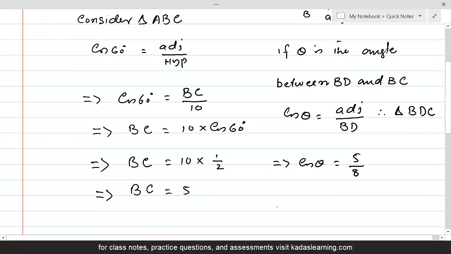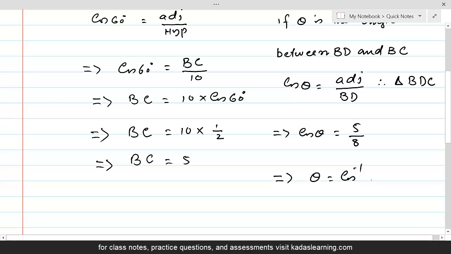And if we need to find theta, theta would be equal to cos inverse of 5 over 8, which is cos inverse of 0.625, and this is equal to 51.3 degrees. This is the angle which the shorter wire makes with the horizontal.